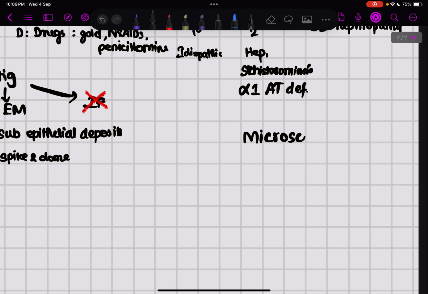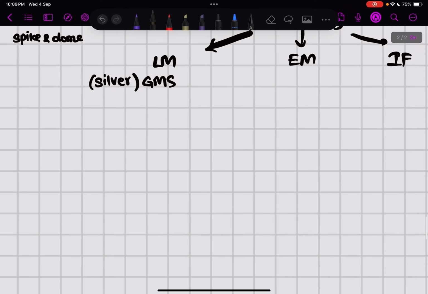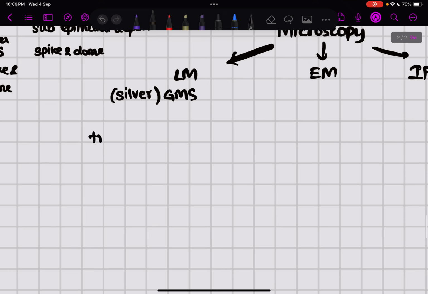In investigations, there is microscopy which involves light microscopy, electron microscopy and immunofluorescence. Under light microscopy, there is the use of Gomori methenamine silver stain, which gives tram track appearance.